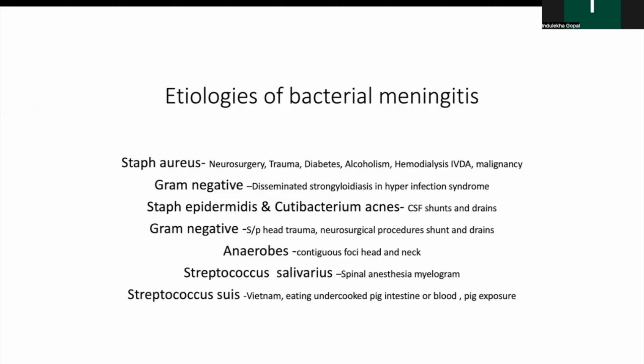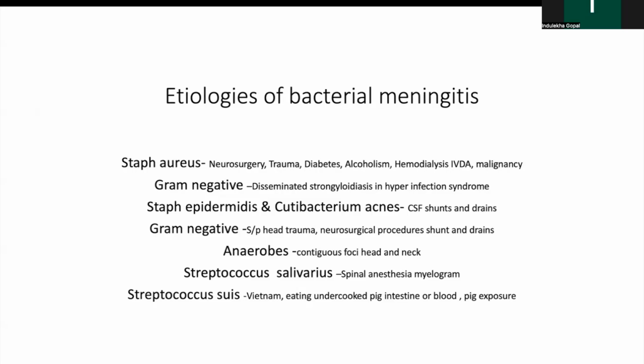Some etiologies of bacterial meningitis: Staph aureus, neurosurgery, trauma, alcoholism, diabetes, hemodialysis patients, IVDA, and malignancy. Gram-negative is associated with disseminated strongyloidosis hyperinfection syndrome. That's one other scenario where you will see a gram-negative meningitis, E. coli or any other gram-negative.